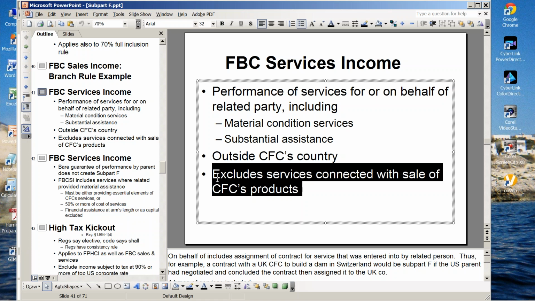So if my German subsidiary manufactures machines and sells those machines to my Hong Kong affiliate who sells them to customers in China, and my German company enters into a service contract with that customer in China, then that's not Subpart F income because the German company made those products.